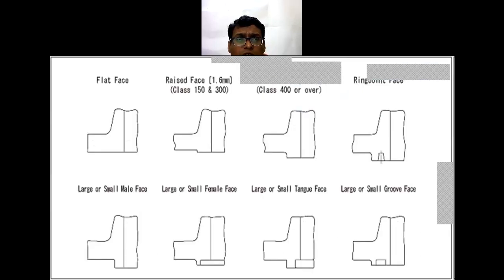This is a flat face gasket, that flat face flange will be available. Now the gasket will be provided on the complete area in this section. Raised face, the gasket will be available only on the raised section. In the groove case, the gasket will be fitted only in the groove.